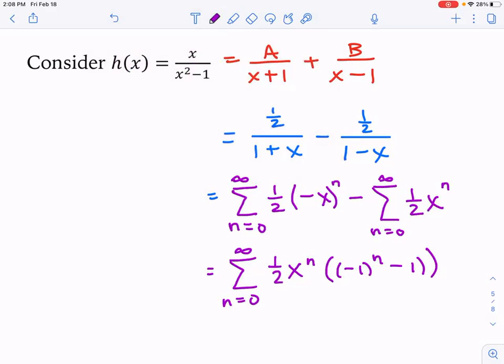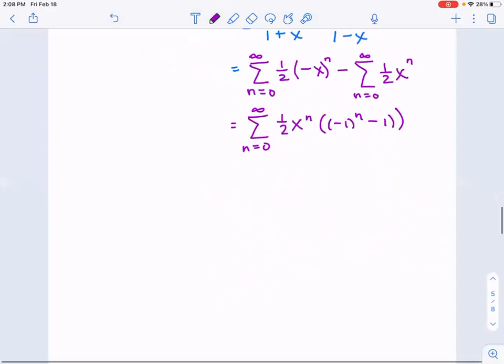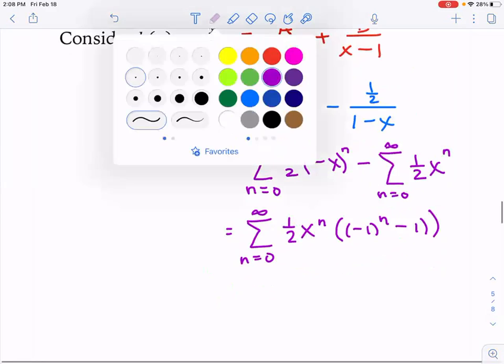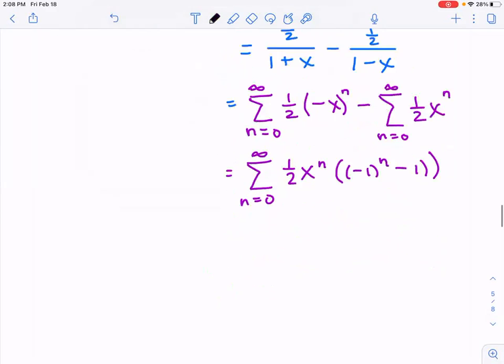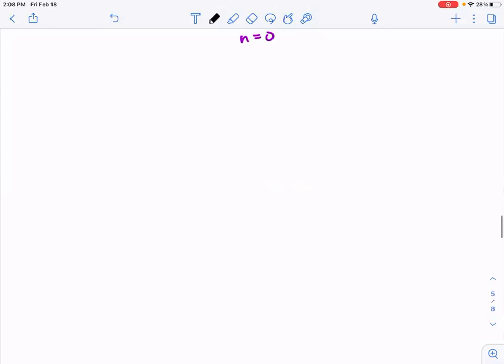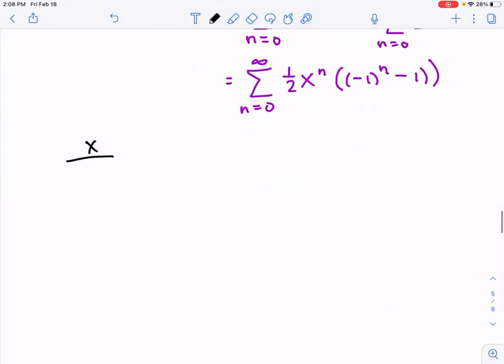Okay, now we could do some work and figure out what negative 1 to the n minus 1 really was. Okay, this really isn't super nice, is it? What if I told you there was another way? You want to try another way? There's always other options. So here we go.